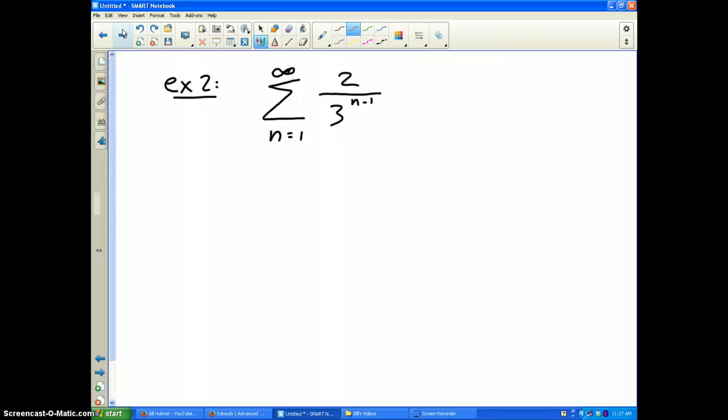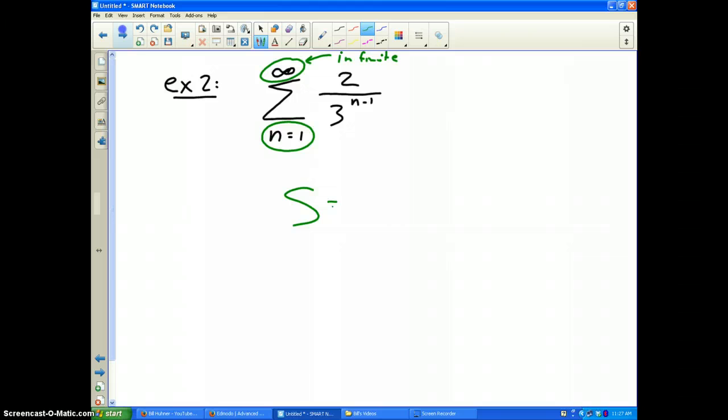Last, the sum of this geometric sequence or series from n equals 1 to infinity. Now that's a new notation. Infinity up here means the series goes on forever. That means it's an infinite series. Okay, so they're telling us it's infinite.